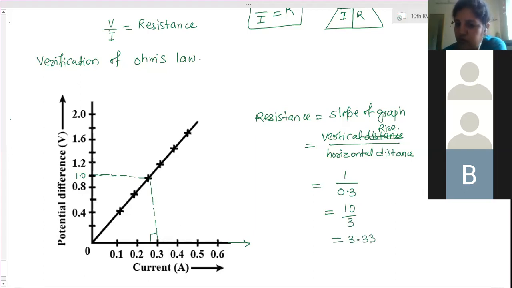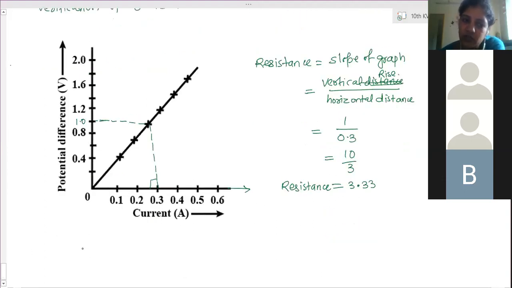This is the value of resistance of that VI graph. The slope means tan theta. It is trigonometry actually. The slope is denoted by the symbol M, which is equal to tan theta.